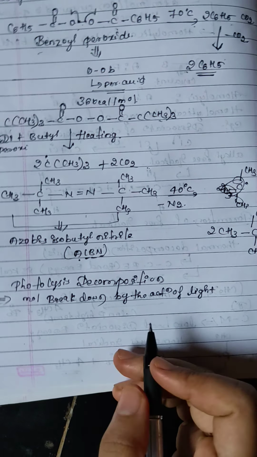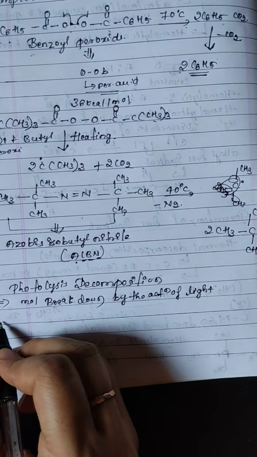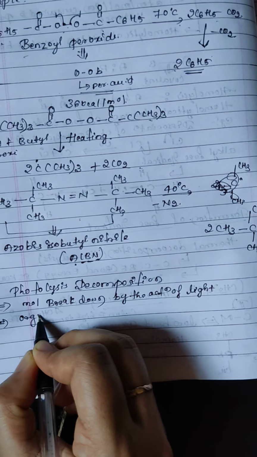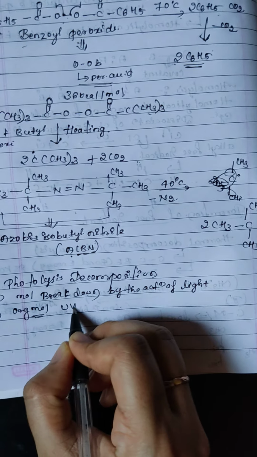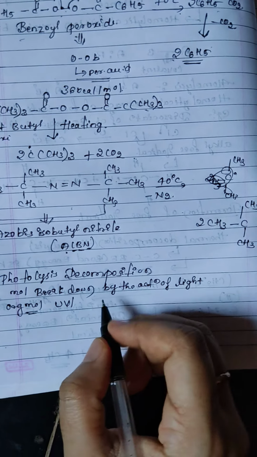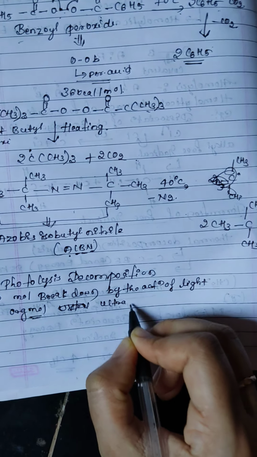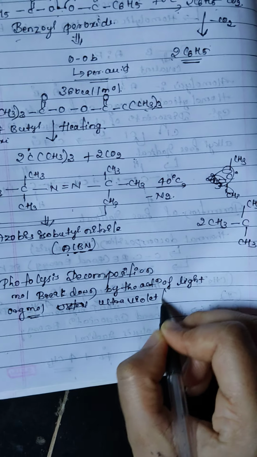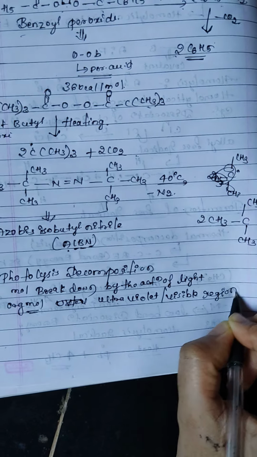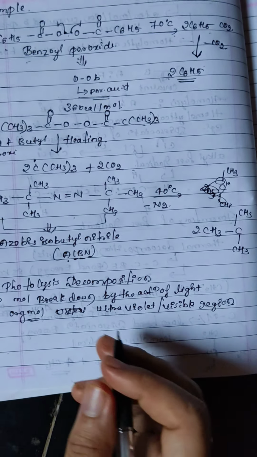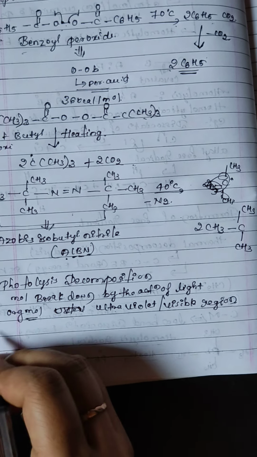Next, organic molecules should be able to absorb radiation like UV, ultraviolet, or visible region. And in the cleavage, the molecule should be divided into two parts, and UV light is known as the photolysis condition.